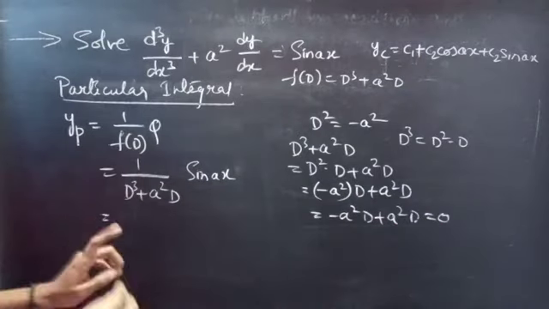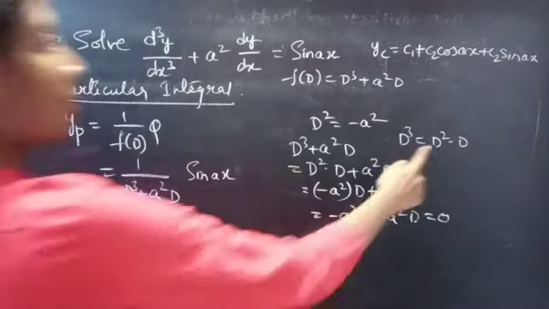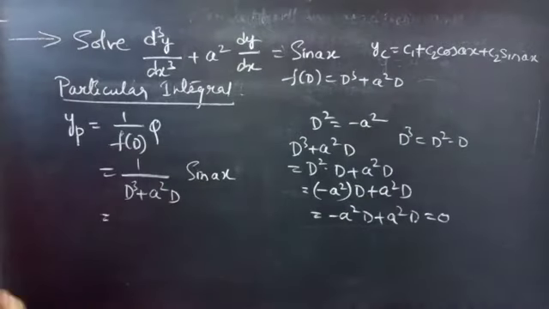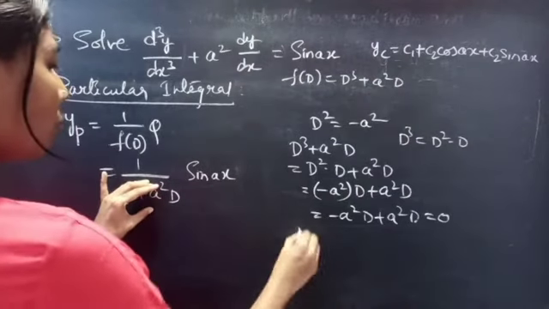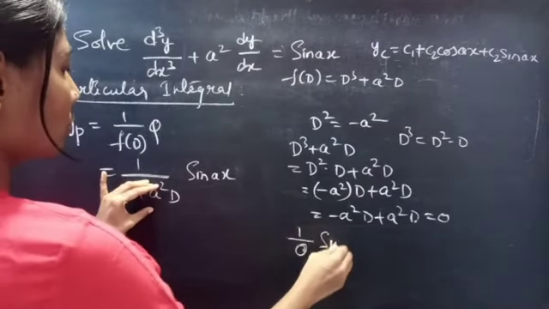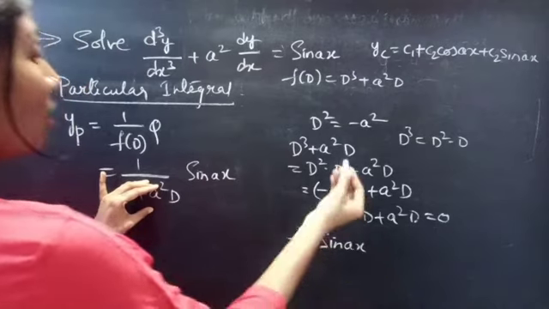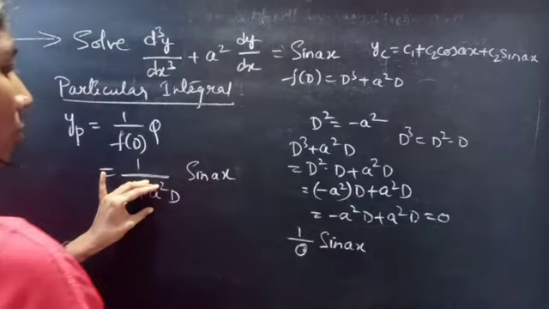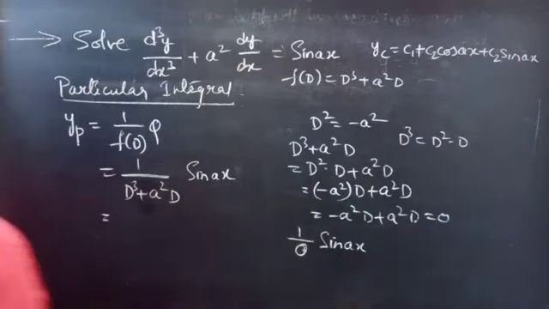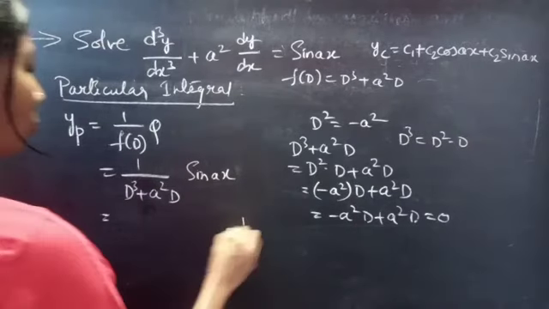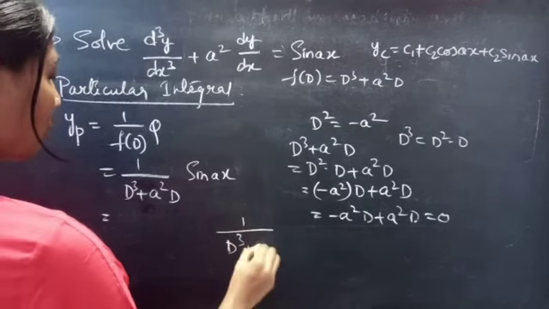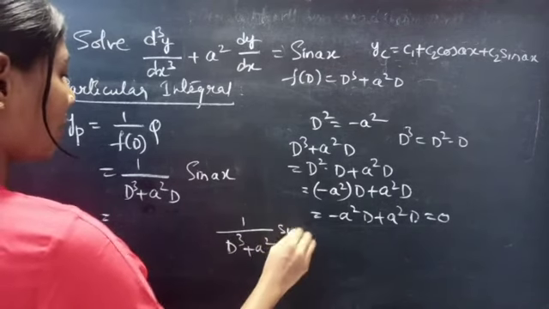So by replacing d square by minus a square, we get the denominator equal to 0. Then we'll get 1 by 0 into sine ax. If you want, I will show you. We have 1 by d cube plus a square d into sine ax, right?